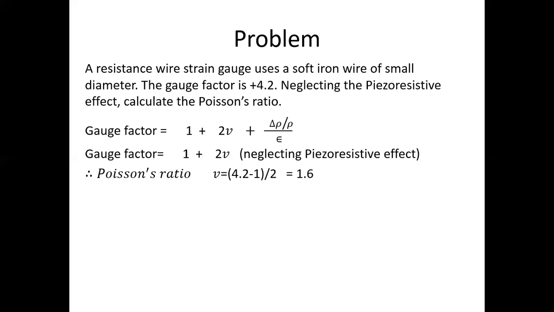Then the Poisson's ratio, which is denoted by V, is calculated by gauge factor minus 1 upon 2. The gauge factor is 4.2 minus 1, that is 3.2, divided by 2. The Poisson's ratio is 1.6. This is your simple problem to find the Poisson's ratio.